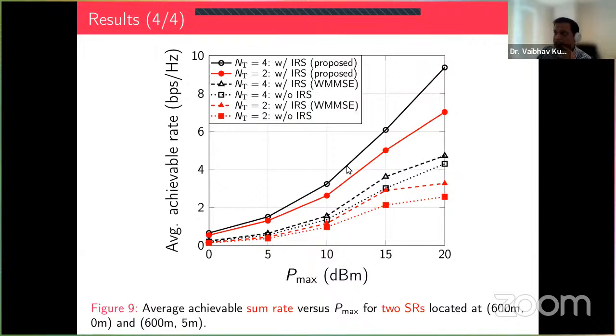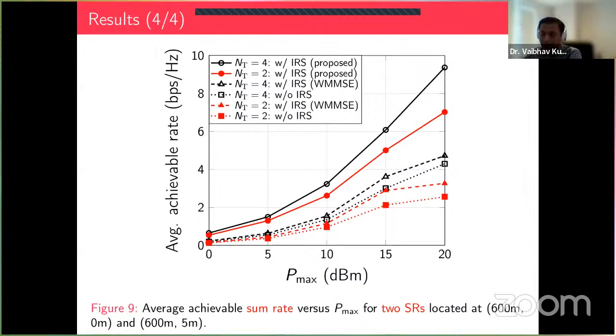Here, even for small values of Pmax, the performance of the WMMSE approach is inferior. Again, this happens only because you have coupling at multiple places, and your optimization problem is more involved.